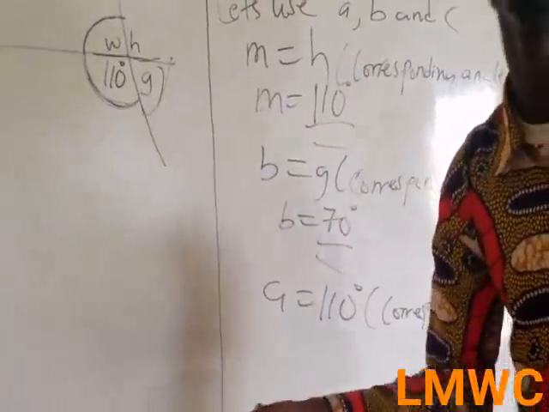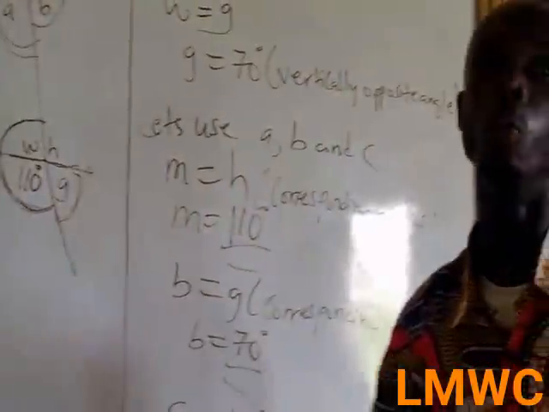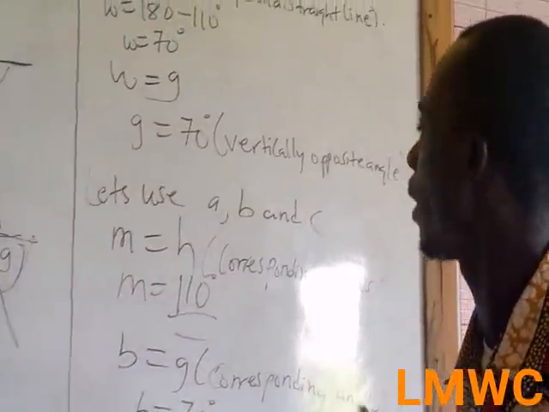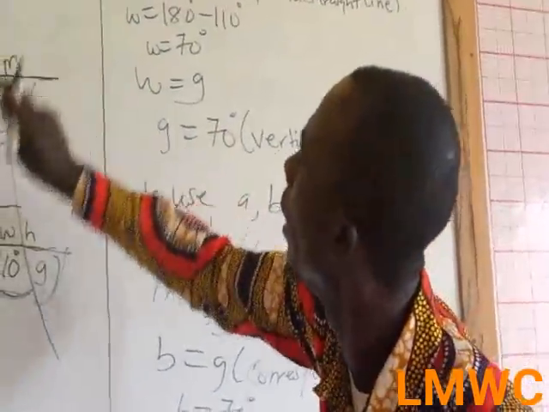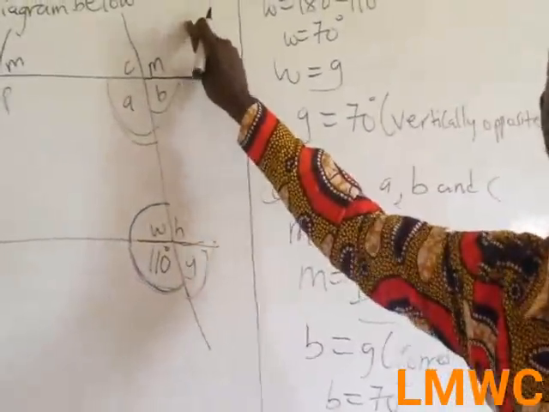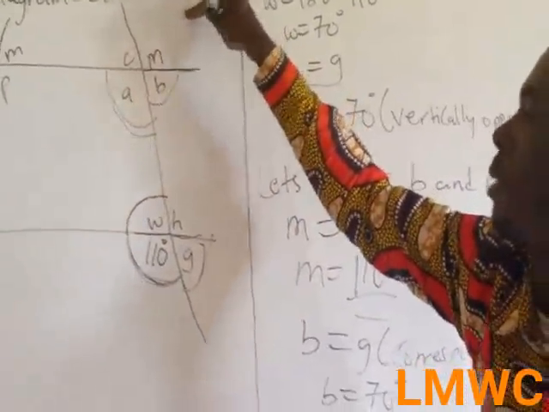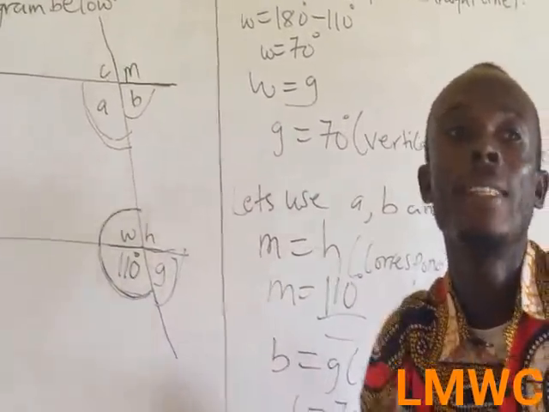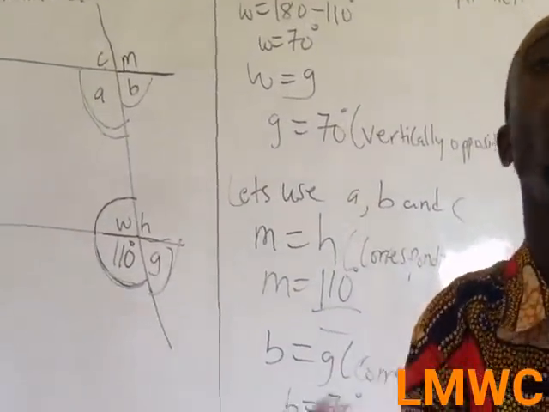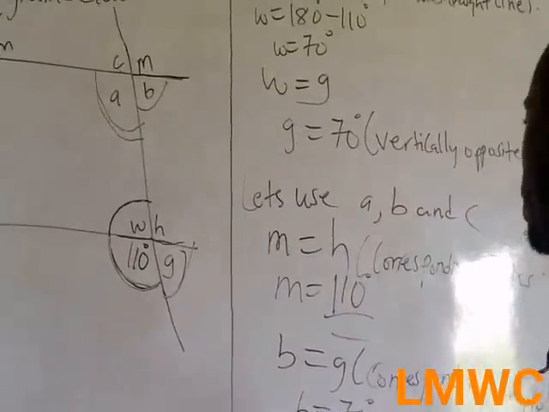I understand the concept or principle. Even though you can choose either vertically opposite angle or any other type of angle. Once you know M to be 110, A is what? 110. It's vertically opposite, but I'm choosing corresponding angle because I see it as simple.